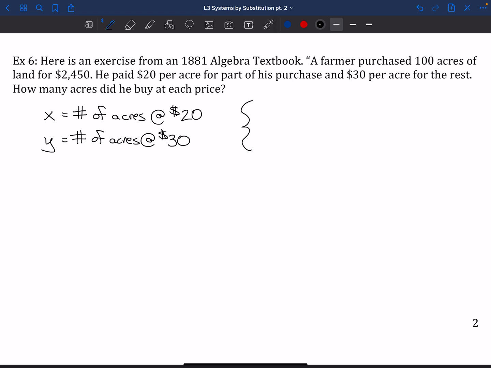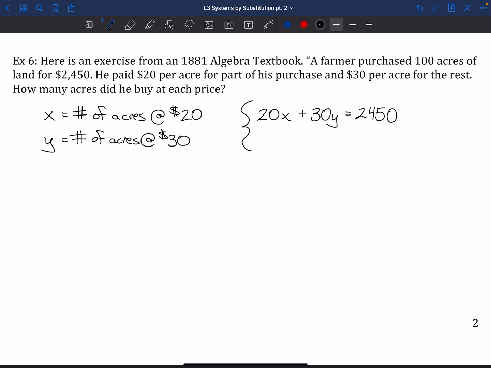So if I take 20 and multiply it by X, that gives me the cost of all of those acres in that first group. It's $20 for each of those X acres, so 20 times X. If I then add on 30 times Y, that entire other group, that should capture all of the purchasing I did, which means that total is $2,450.